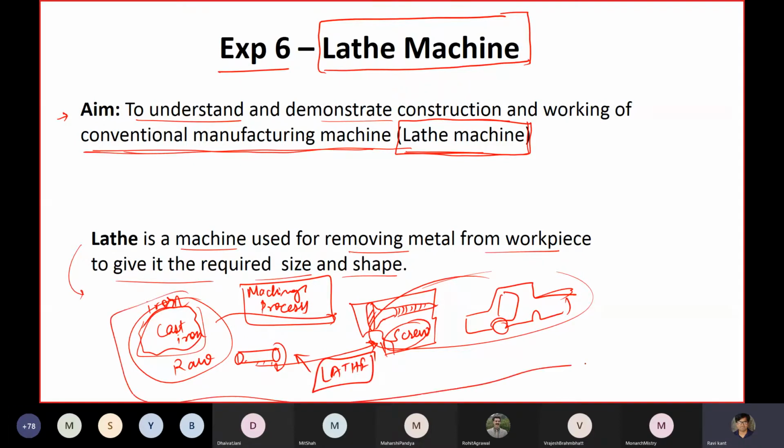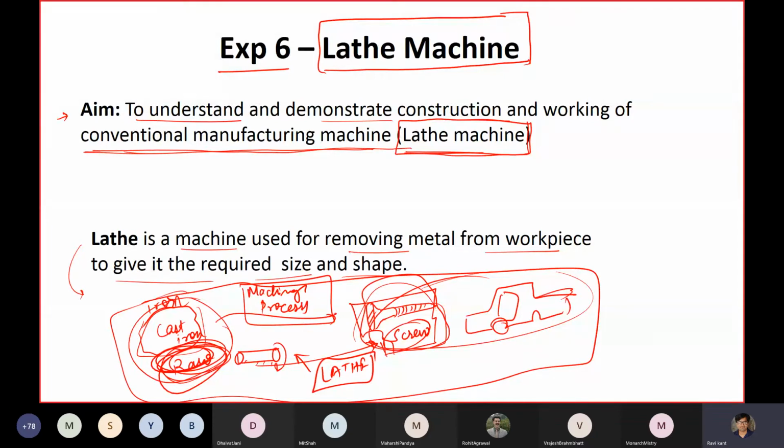So this is the overview of where this lathe is associated and what its purpose is. Essentially we are going to convert raw materials into advantageous products that we need in our day-to-day life.